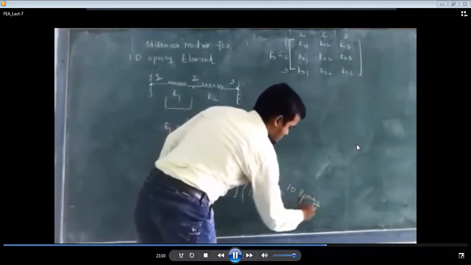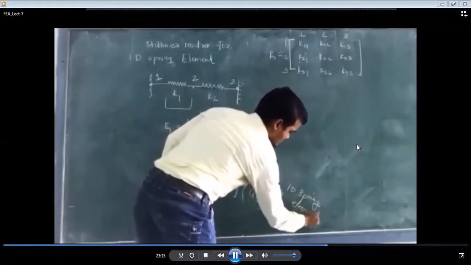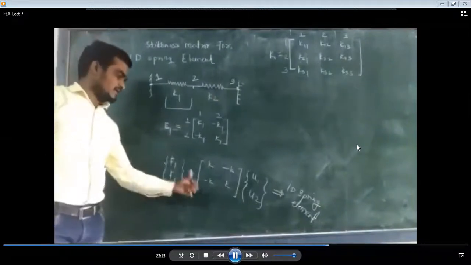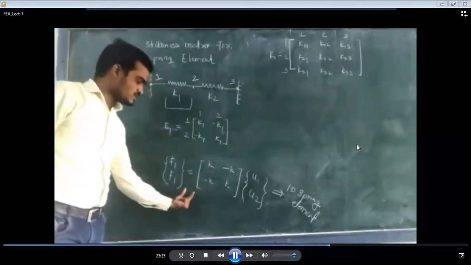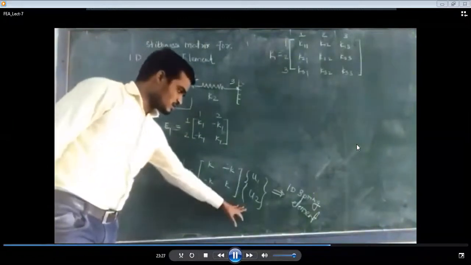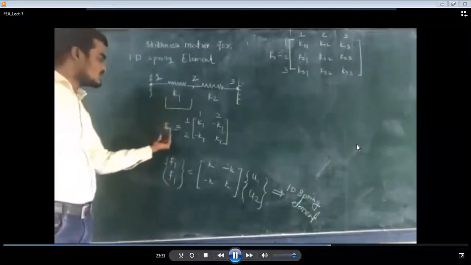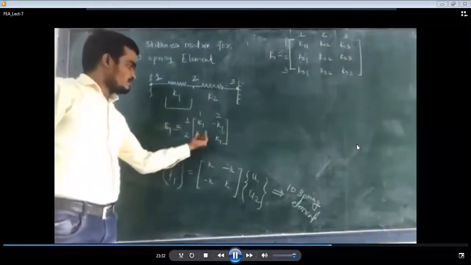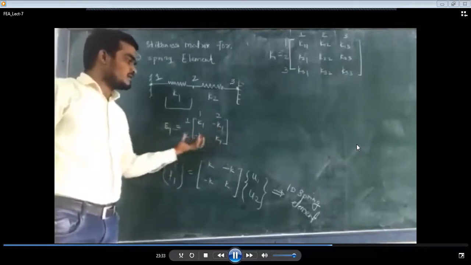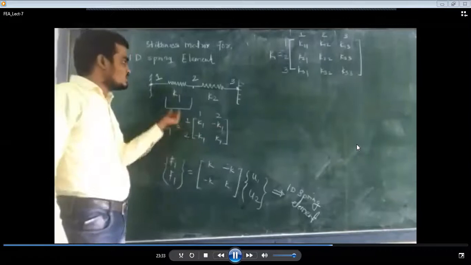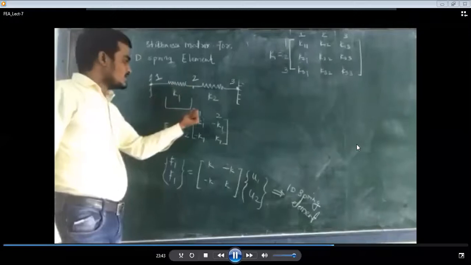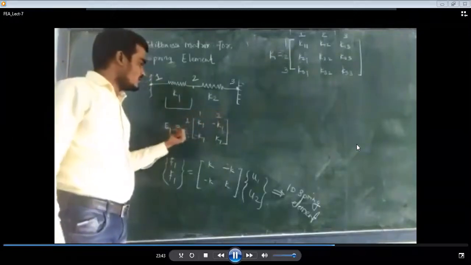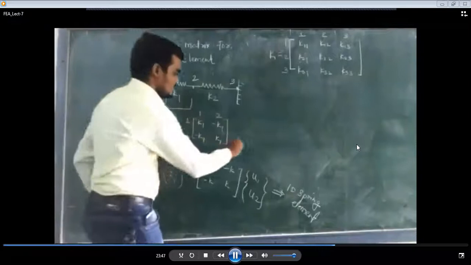This is the one-dimensional spring element equation, the generalized equation, and from it you can write the elemental stiffness matrix. Here for element 1, instead of K there is spring constant K1, so you can write it as K1, minus K1, minus K1, K1. Here the position of the stiffness matrix is in between node 1 and 2.